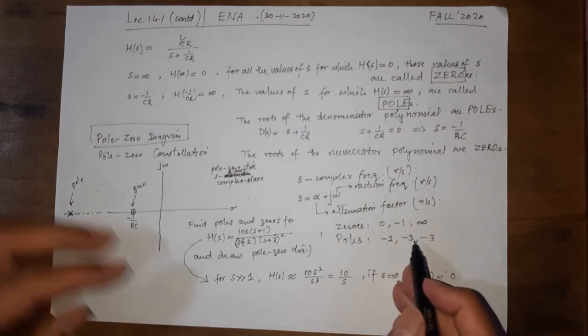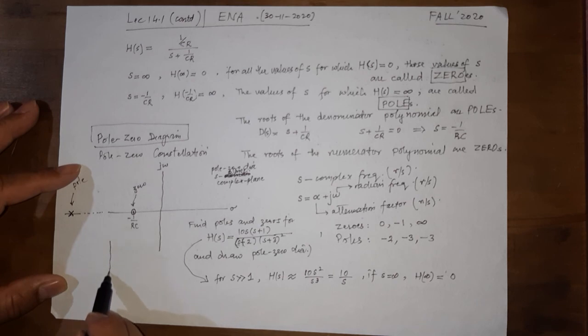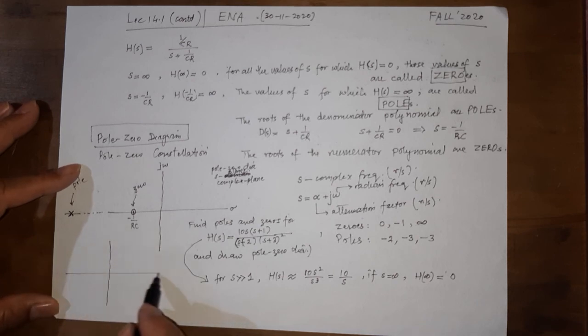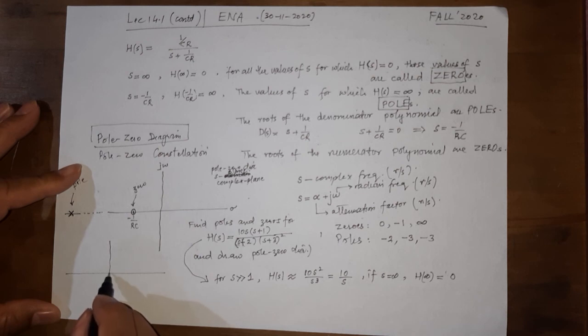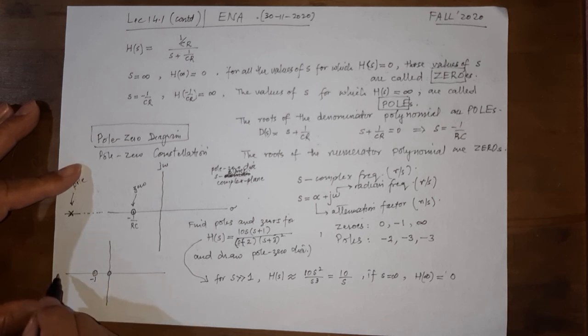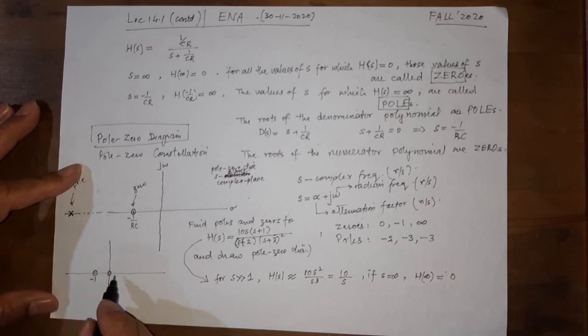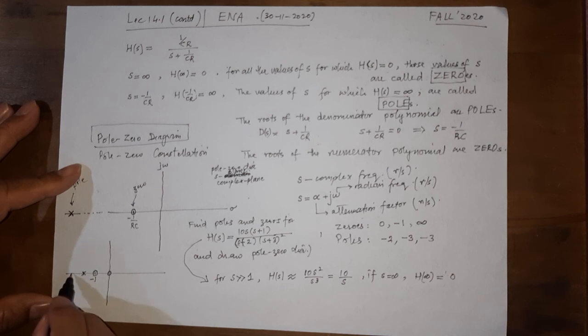So how to represent all these in a pole zero diagram? We draw the s-plane, and at 0 we have a 0, at minus 1 we have a 0, and at infinity we don't actually draw the non-finite values. Then at minus 2 we are going to have a pole, and at minus 3 we are going to have a double pole.